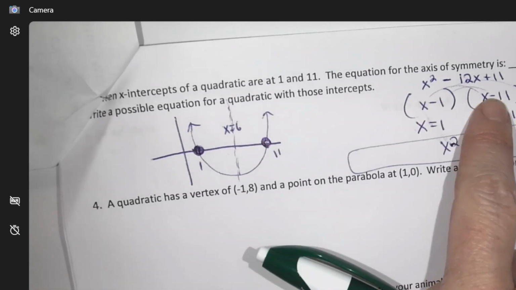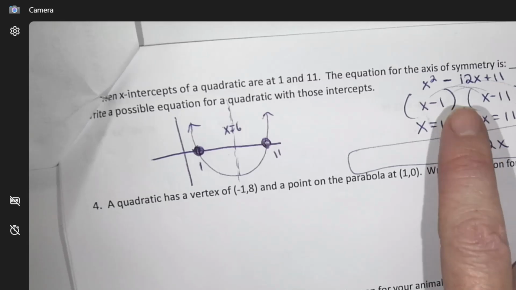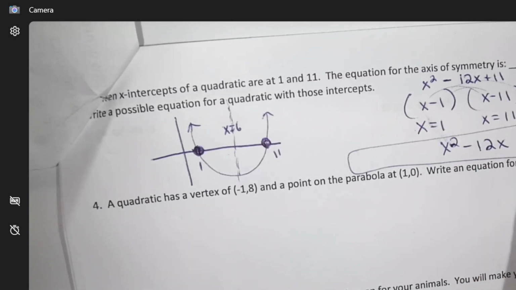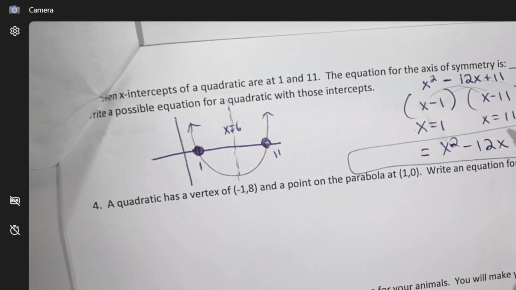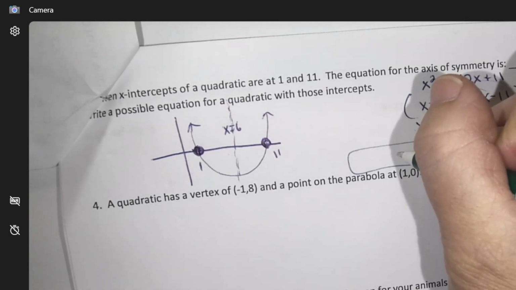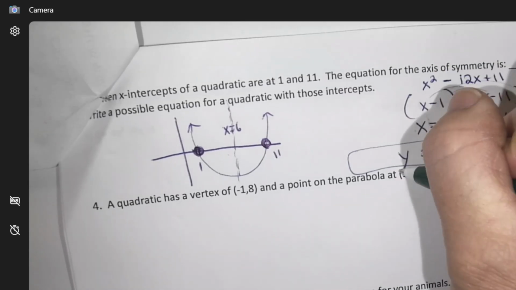So when I FOILed it all out, there was a negative 11 and negative 1x, so negative 12 plus 11. And I have something wrong. Equals not 0. Why?